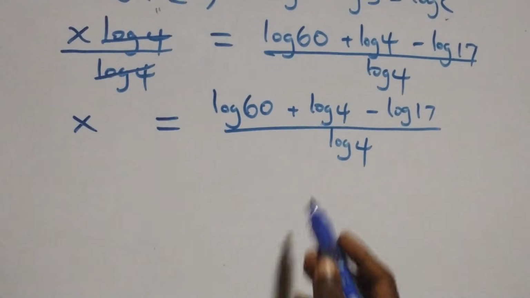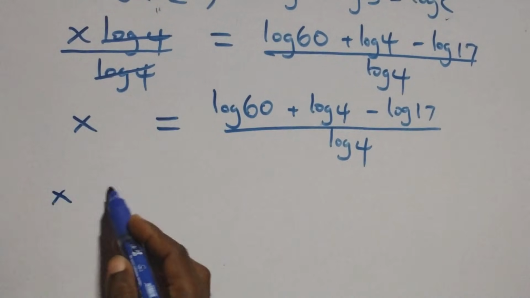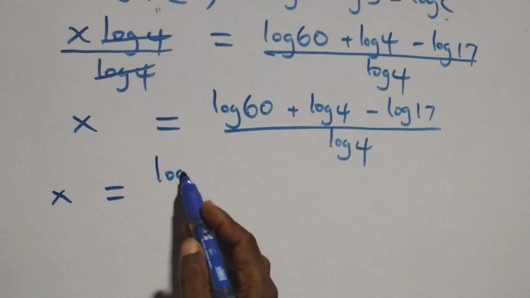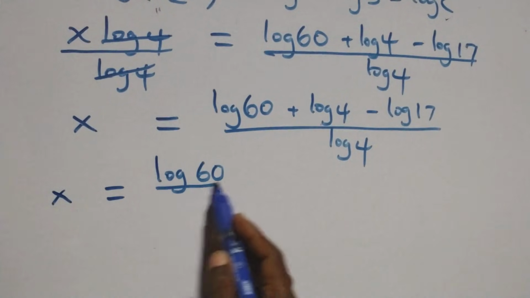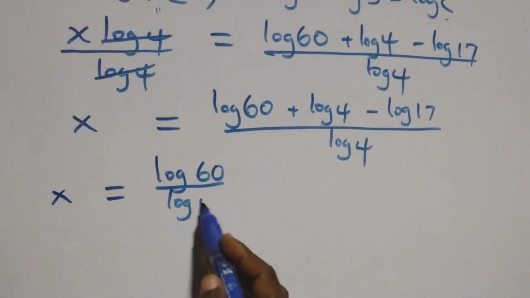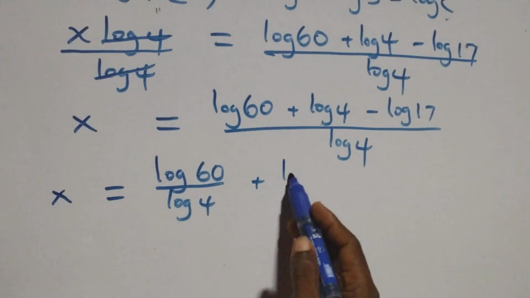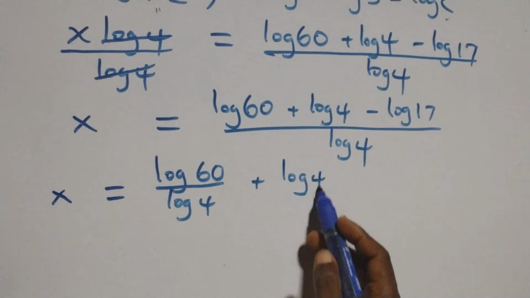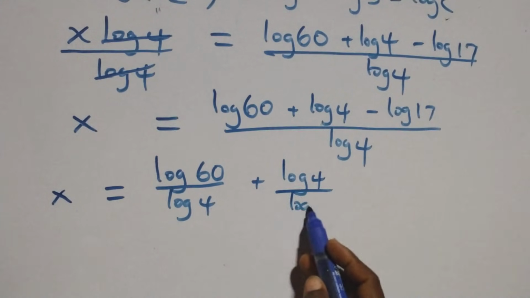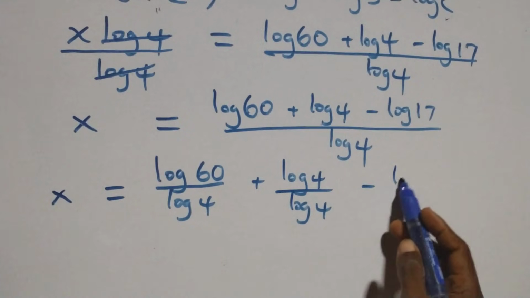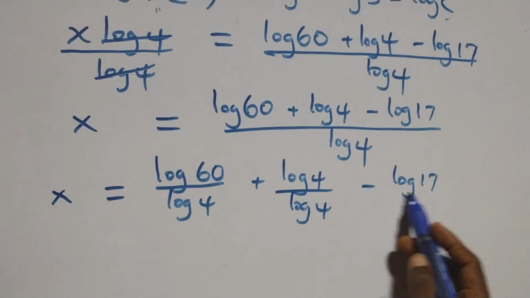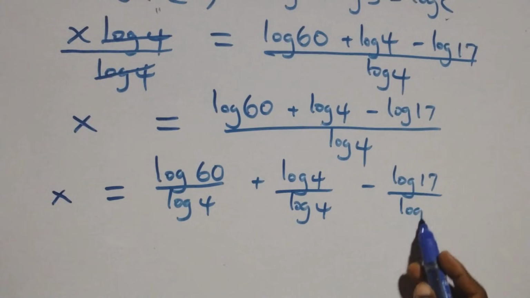Now, separate this into 3 fractions. We have x equals log 60 over log 4 plus log 4 over log 4 minus log 17 over log 4.